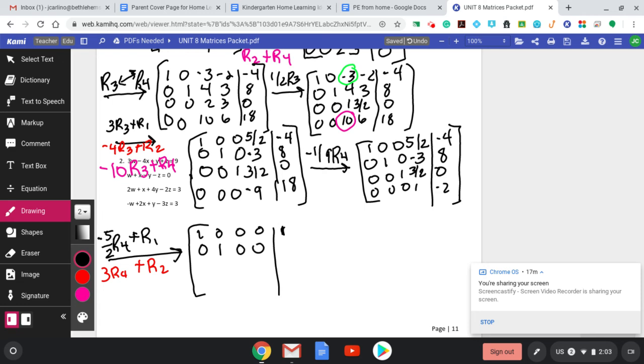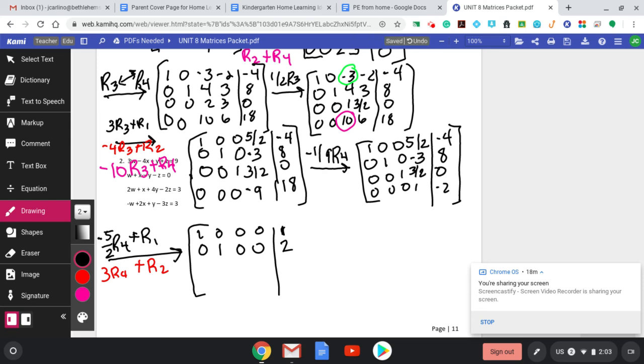Negative 2 times 3 is negative 6, plus 8 is 2. There we go. I was looking at my answer key and getting nervous here.